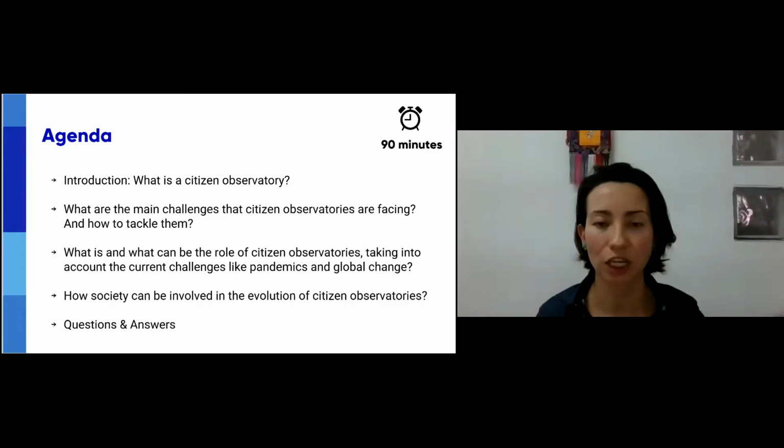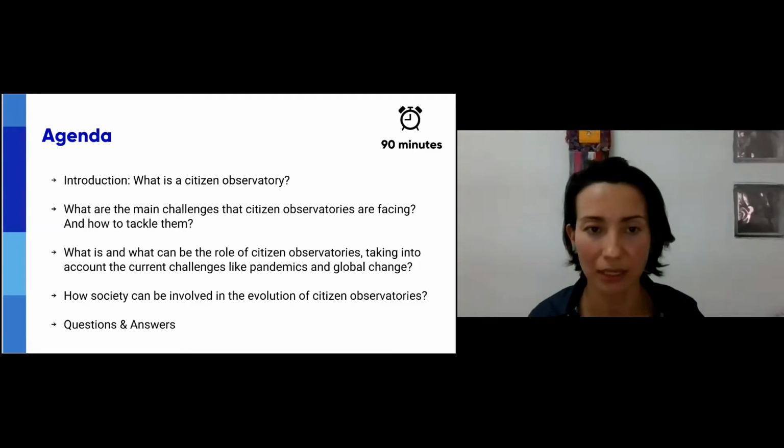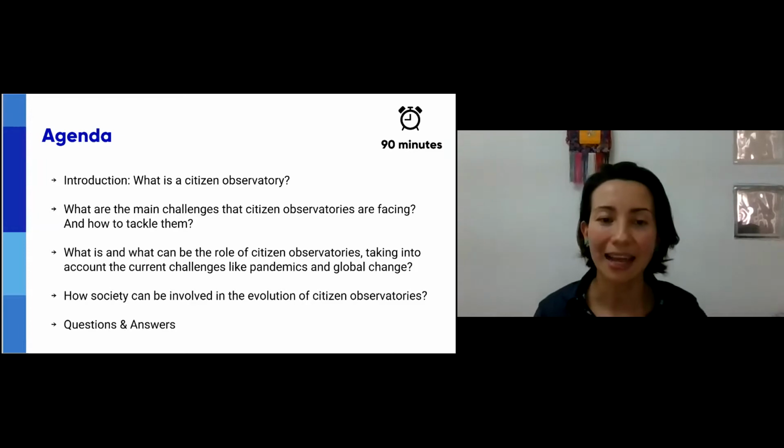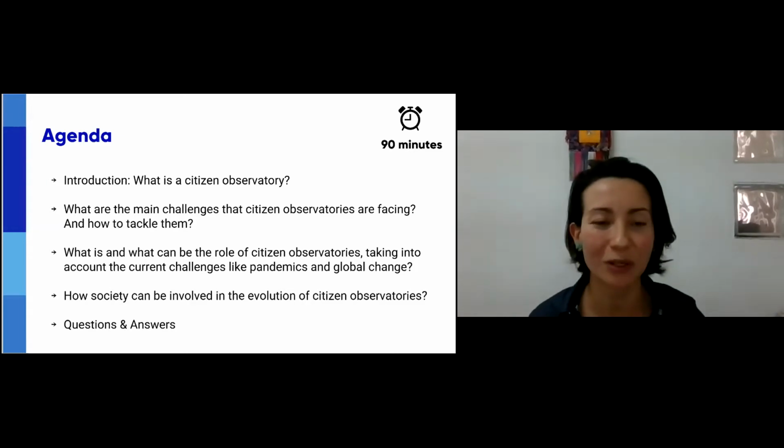What are the main challenges that citizen observatories are facing and how to tackle them? What is and what can be the role of citizen observatories taking into account the current challenges like pandemics and global change? And the last one, but not the least important, how society can be involved in the evolution of citizen observatories.